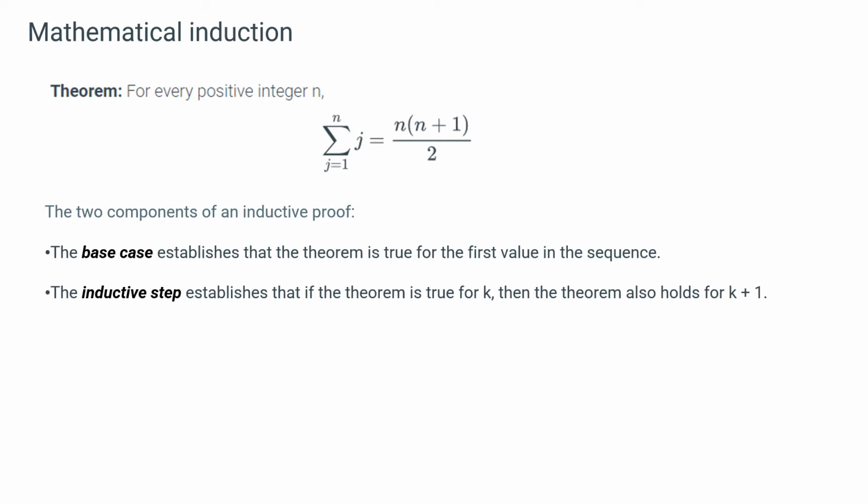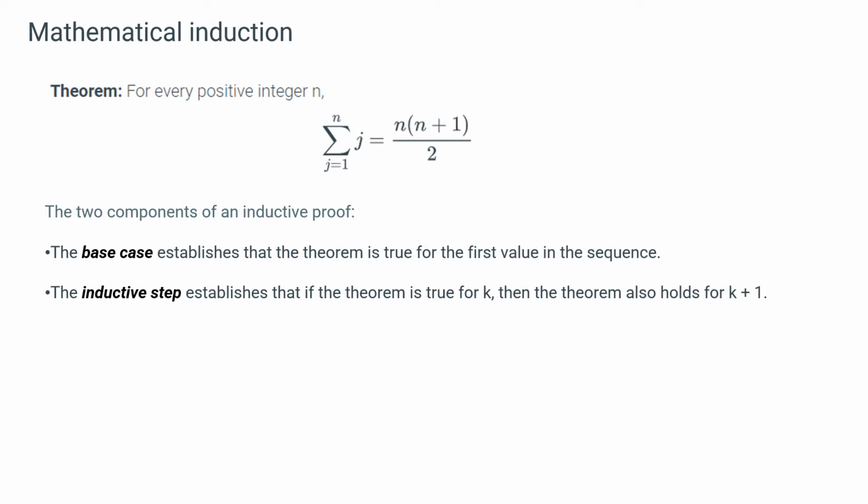So we at least prove it for the base case, that it's true for the first possible positive integer n, and that would be 1, right? So we would want to prove this is true for when n is equal to 1. That would be the base case. So the base case establishes that the theorem is true for the first value in the sequence.